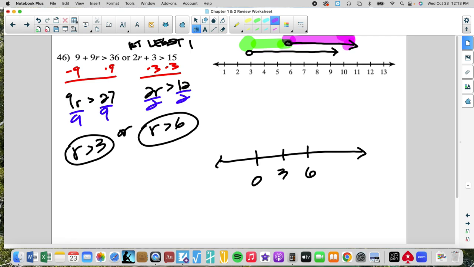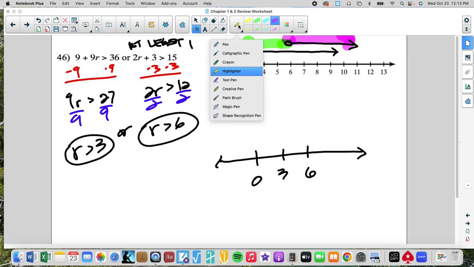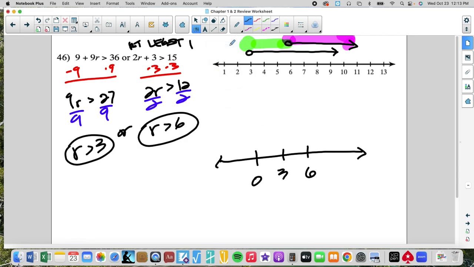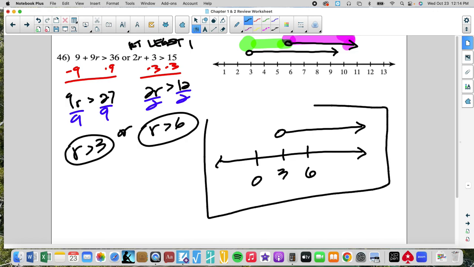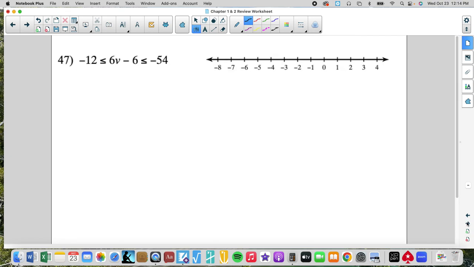Okay, so where is there at least 1? Well, at least 1 is right in the green and then through to the purple. So we're going to have an open circle and going to the right. That's how you would graph that. That's the solution. I need to see this. I don't want to see overlapping and all that other stuff up there.